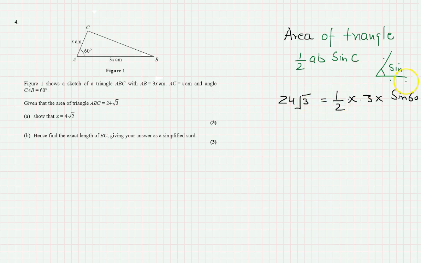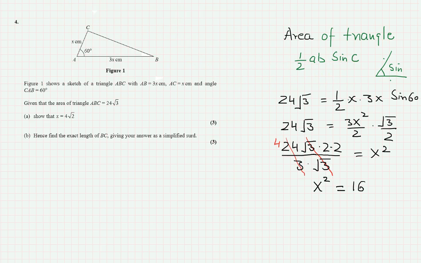So let's write the value of sine first. 24 root 3 is equal to 3x square over 2. Sine 60 is root 3 over 2. 3 times 4 is 12. This is 8.